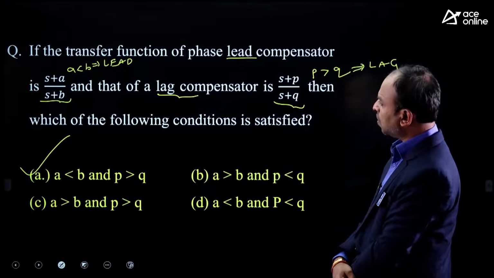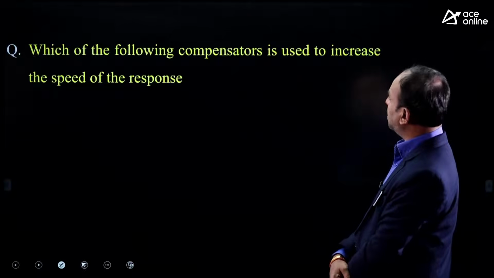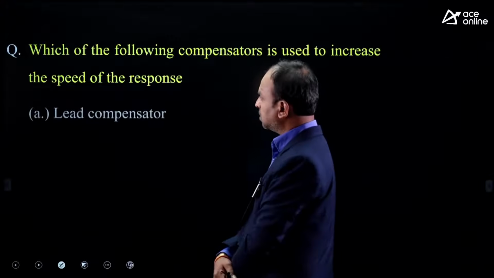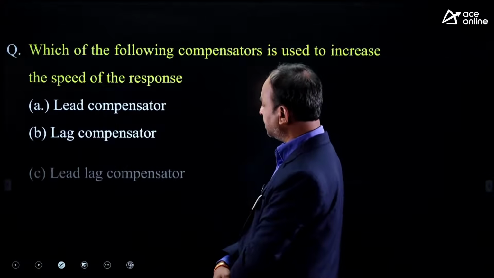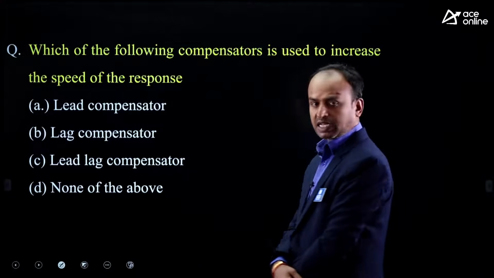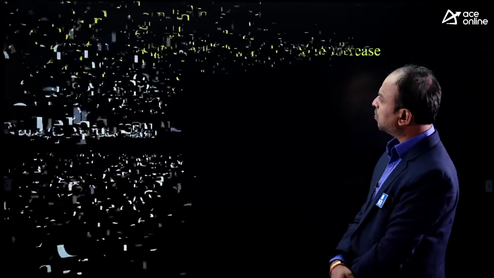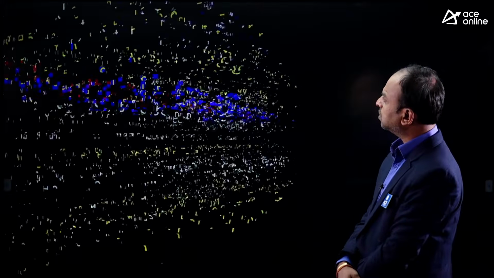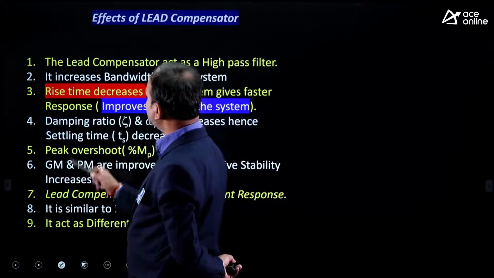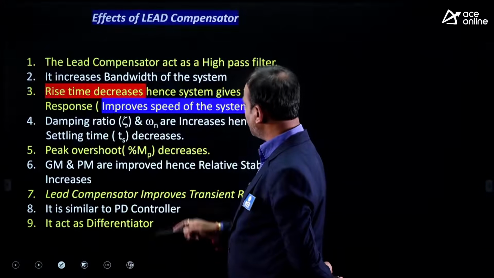Next point. Which of the following compensators is used to increase the speed of the response? Lead compensator, lag, lead-lag, or none of the above. First we'll discuss the lead compensator properties. Third point: rise time decreases, so the system gives a faster response, improving the speed of the system.